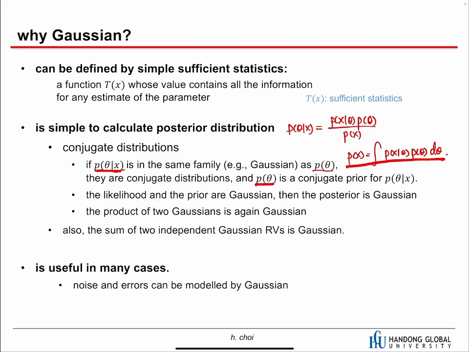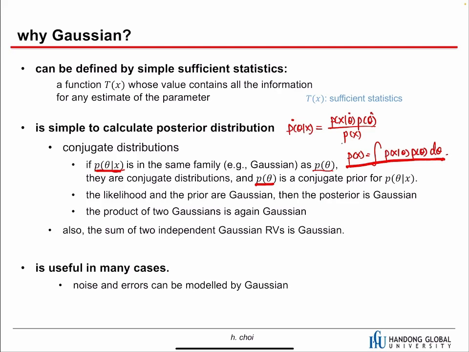Okay, so we are talking about this prior and posterior. If the likelihood and the prior are Gaussian, then the posterior distribution is Gaussian. That's already proved. So now, if we know this prior distribution and the likelihood distribution, then we can simply calculate these posterior distributions.